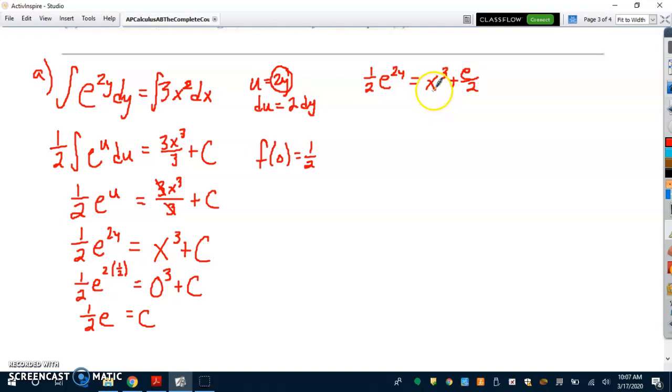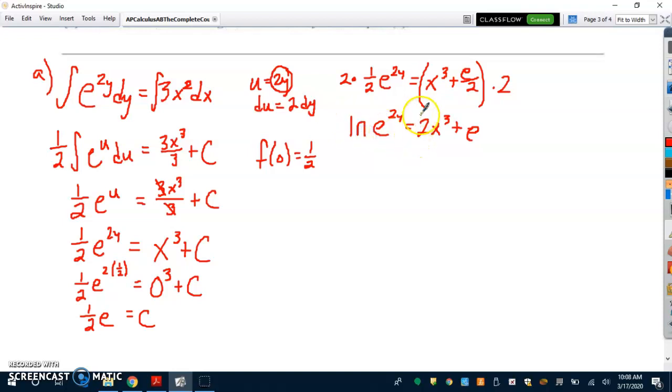Now what I can do is multiply everything through by 2. So let's just multiply both sides by 2, and we get e to the 2y equal to 2x cubed plus e. And in order to cancel out this e to a power, I'm going to need to take the natural log of both sides.